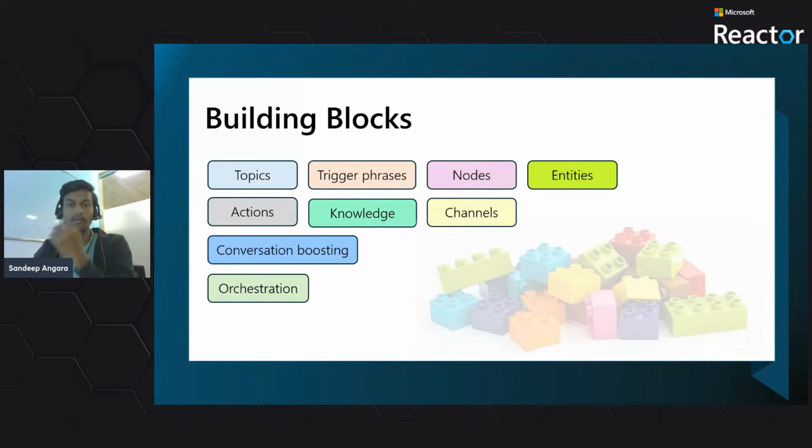Today we also have native support for connectors. If you are from a Power Platform background, you would see data connectors in Power Automate, Power Apps, and all. So the same native support for connecting to different data sources, be it Dataverse, Salesforce, ServiceNow, anything.